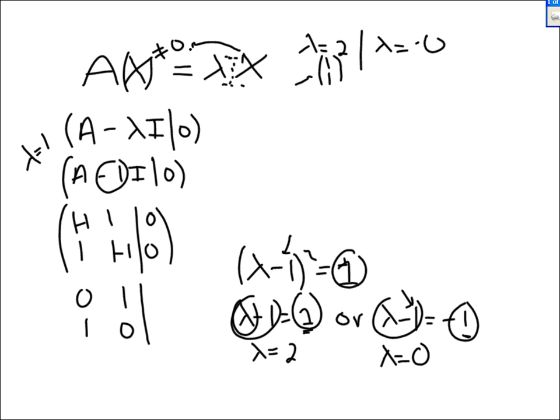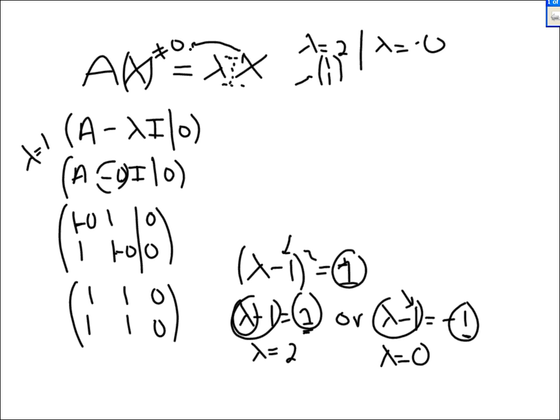Okay, so this one's all wrong. We want to take away 0 I's. That is, we want to take away 0 from the diagonals, which doesn't do anything. We just get 1, 1, 1, 1, augmented with 0, 0.